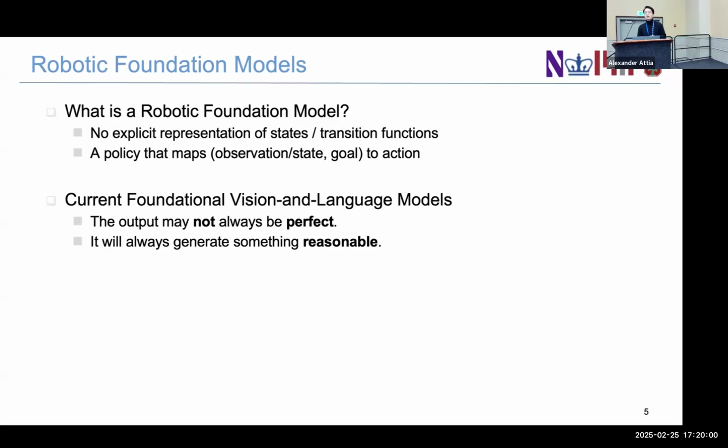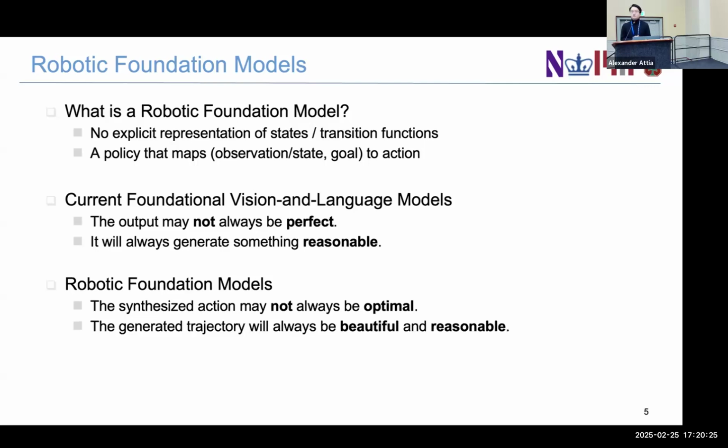Here I want to provide a little more concrete definition. I want to draw some inspiration from analogies to the so-called foundational vision and language models. For these vision language models, when people see them, you realize that the outputs may not always be perfect, but the model will always generate something reasonable, no matter what type of instructions you give it.